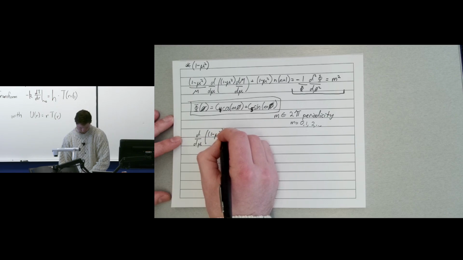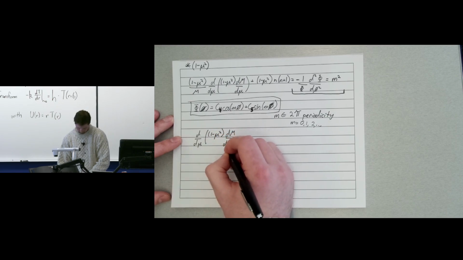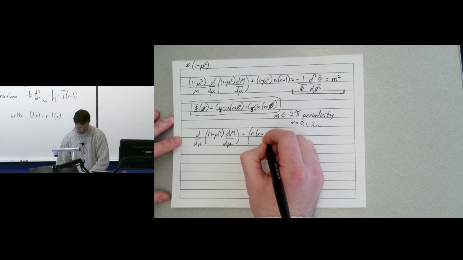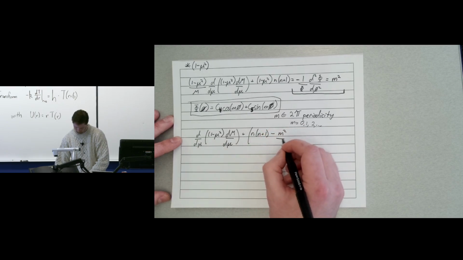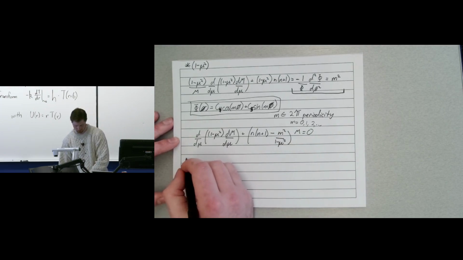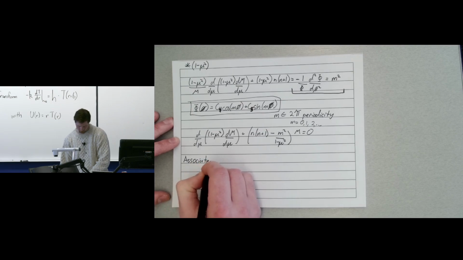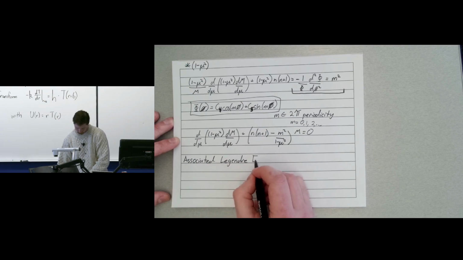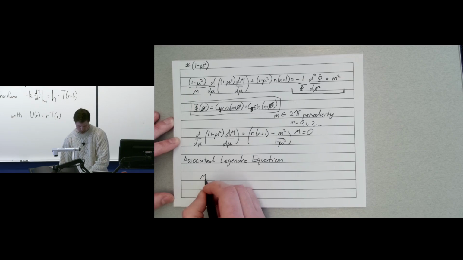1 minus mu squared dM d mu plus n times n plus 1 minus m squared over 1 minus mu squared times M equals 0. Now, if you watch the videos, you'll notice this is called the associated Legendre equation, which conveniently has its own solution, and it's going to feel very similar to our Bessel functions.